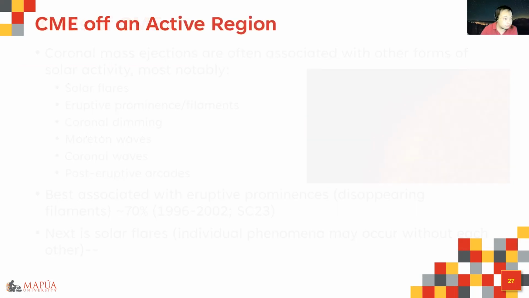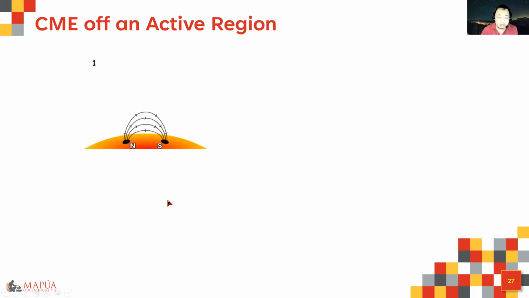Now, let's look at a coronal mass ejection coming from an active region. Remember that sunspots usually come in pairs, so you have a north and south. That's why I haven't seen a solar flare or even a coronal mass ejection that was ejected from an alpha class region.